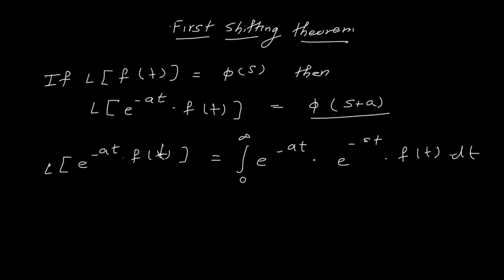Laplace of f of t is 0 to infinity e raised to minus st into f of t dt. So in place of f of t we have e power minus at into f of t. Now this e power minus at we can write after e power minus st also, no problem.